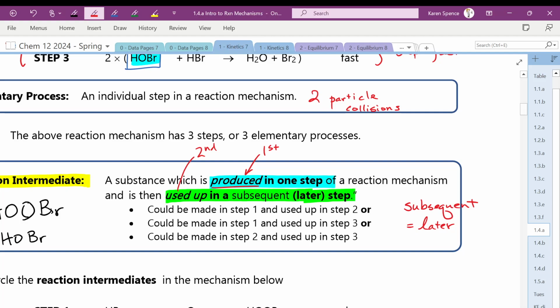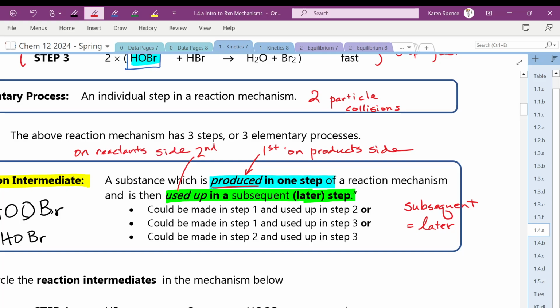So where does it show up first? Does it show up first in the reactants, or first in the products? First, it shows up in the products, or actually I should say on the product side. And second, it shows up on the reactants side.